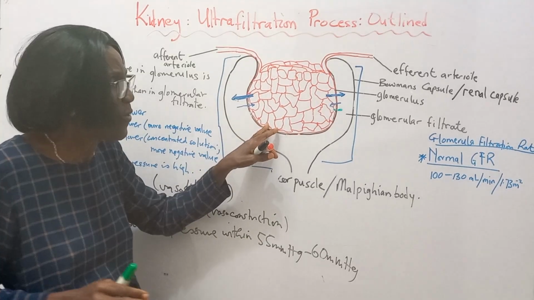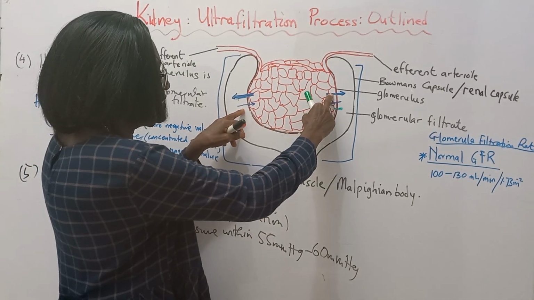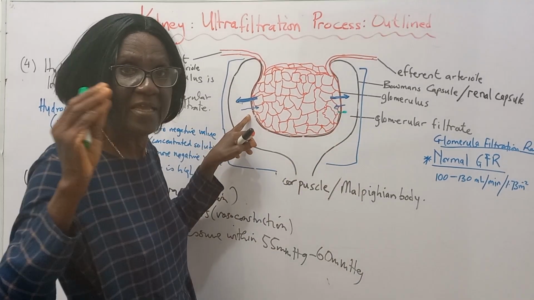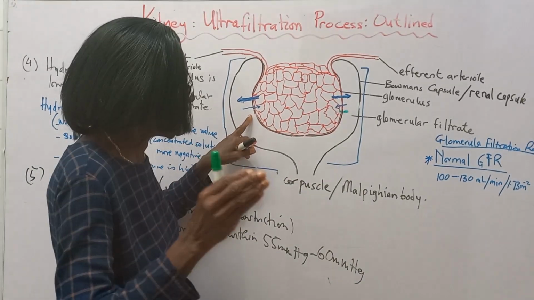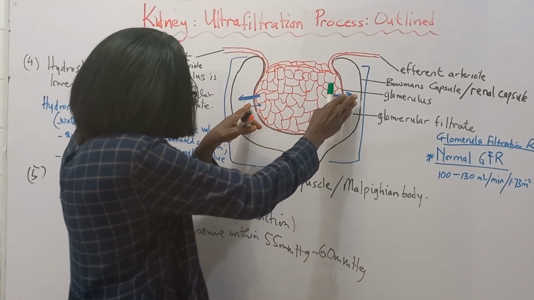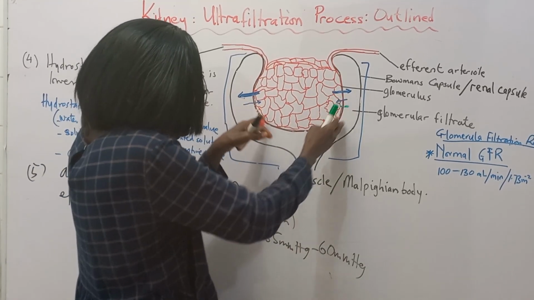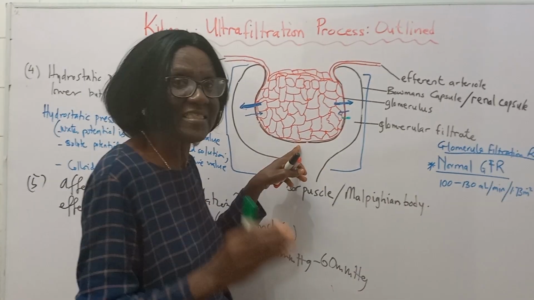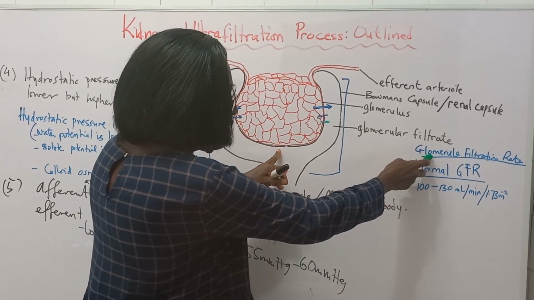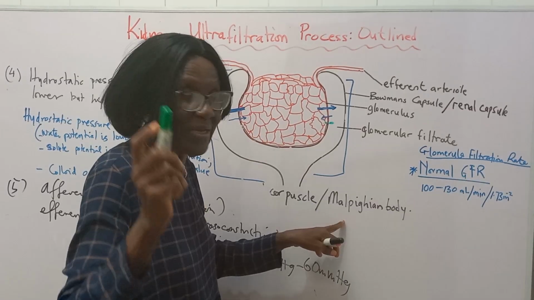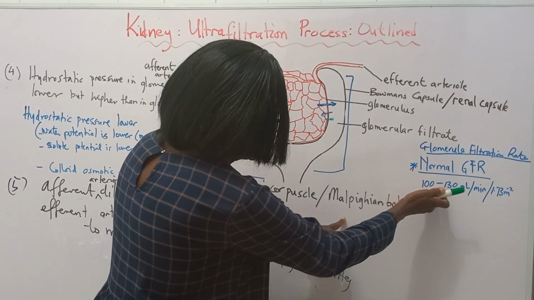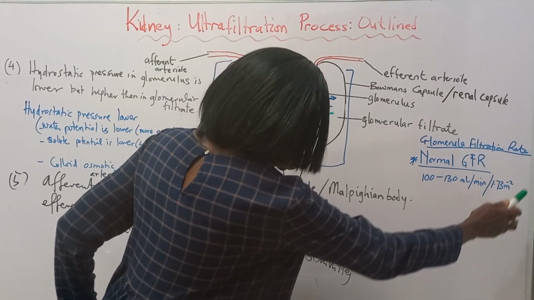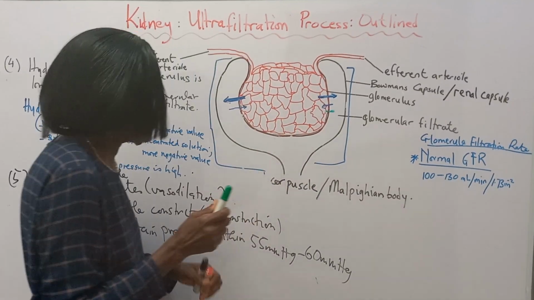And it's always the pushing of substances from the glomerulus into the capsule that is positive, that wins. But the rate at which the substances are being pushed into the glomerular filtrate should be maintained at a certain normal. So the glomerular filtration rate, to be normal, should be about 100 to 130 millimeters per minute per 1.73 square meters in an adult.